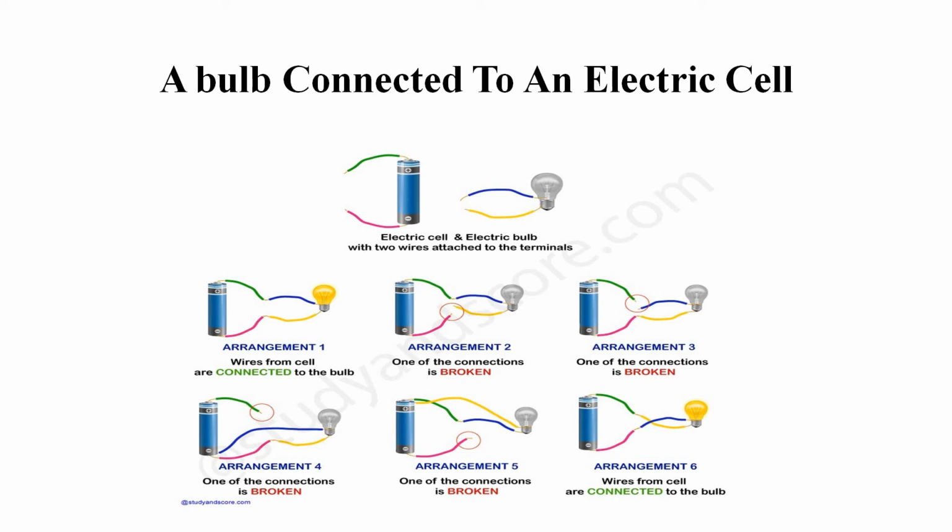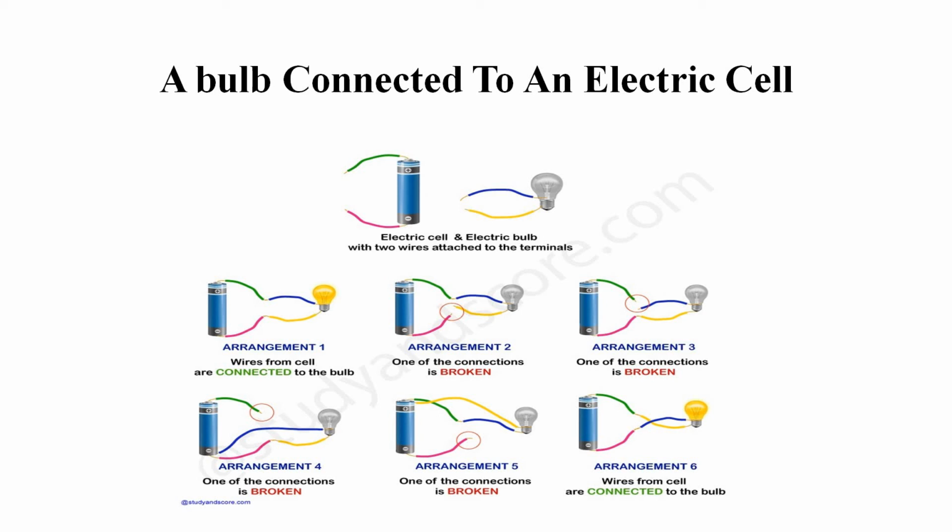Students, in this picture, in the first arrangement, wires from the cell are connected to the bulb, so the bulb glows. In the second arrangement, one of the connections is broken and the bulb does not glow. In the third arrangement, one of the connections is broken, so the bulb does not glow.